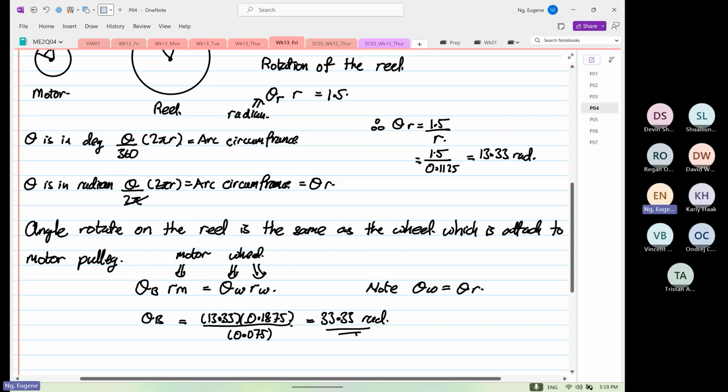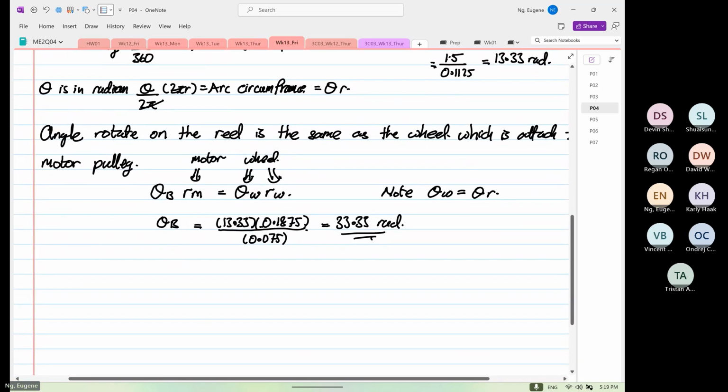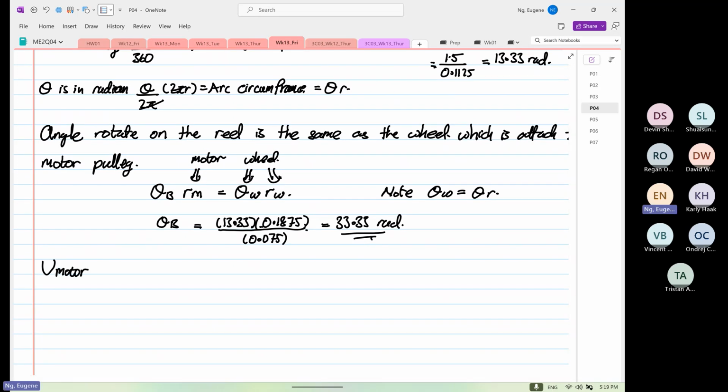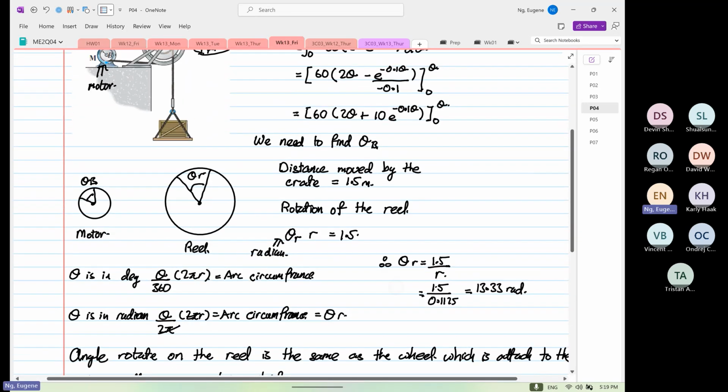So once we have this information, okay, once we have this, we can find the U for the what? For the motor now. Okay. So remember we have this expression over here. And you have to be careful with an expression like this.